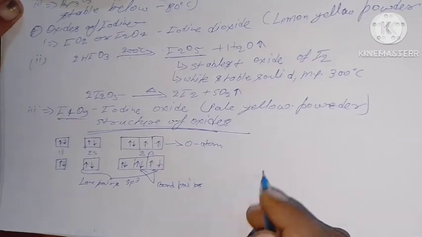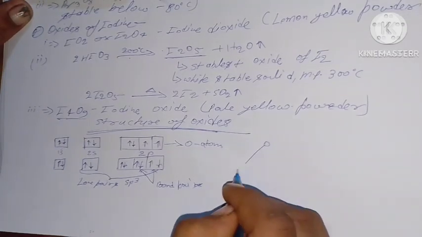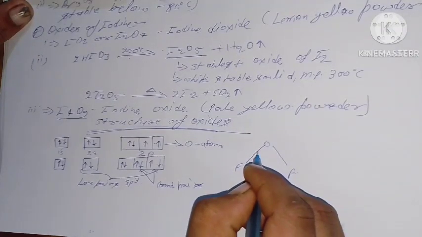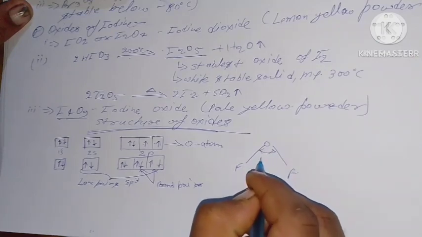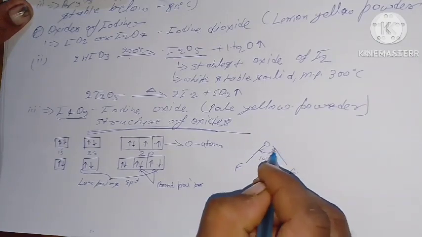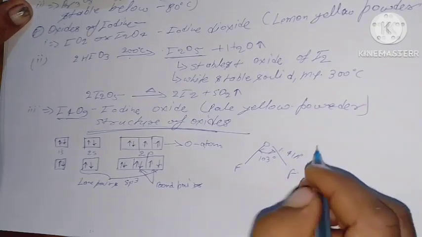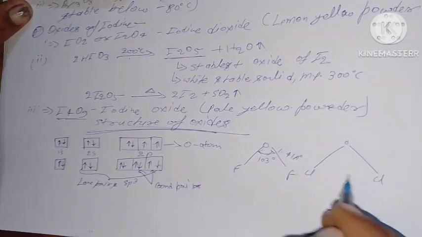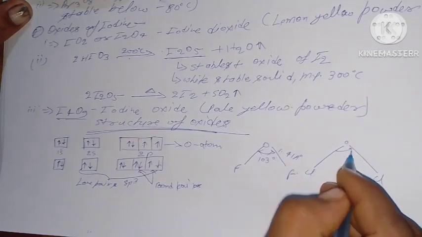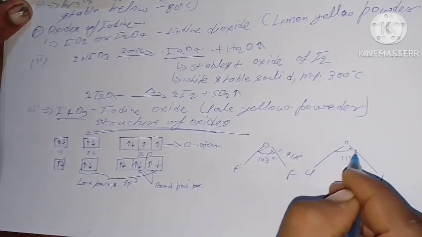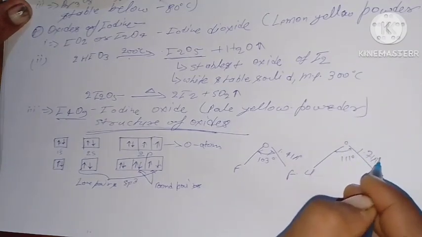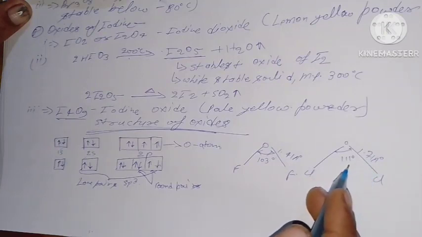Then oxygen, fluorine: this is 103 degrees, 1.41 angstrom. And oxygen, chlorine: 111 degrees and 1.71 angstrom bond length.